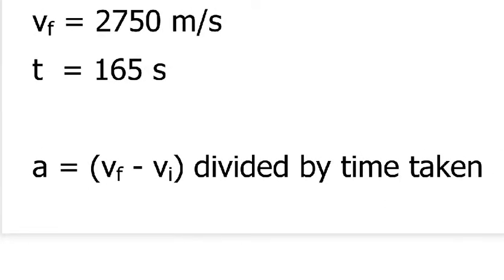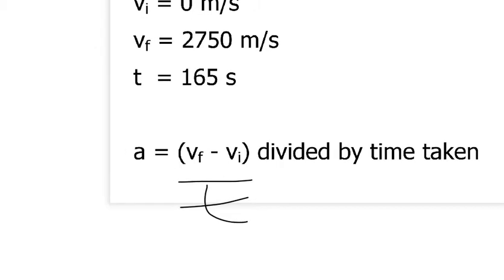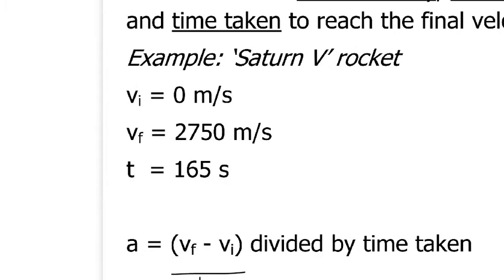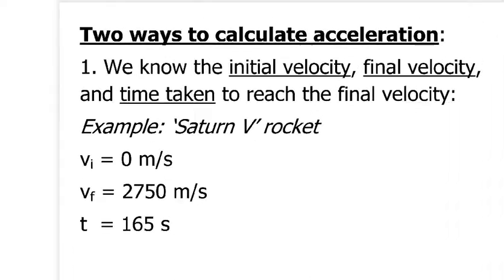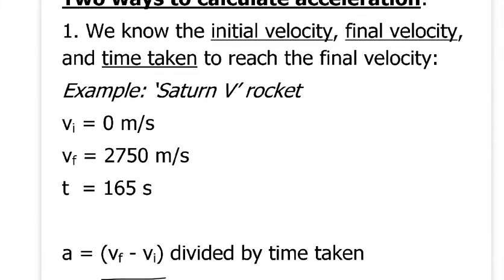Vi, that's initial velocity. So this is essentially the equation, and then if I want to write it in here, divided by time, right? It's hard to do that with text. So that is that. Now let's go up here and read it as words. We know that if we know the initial velocity, the final velocity, and the time taken to reach the final velocity, that's when we use this equation.